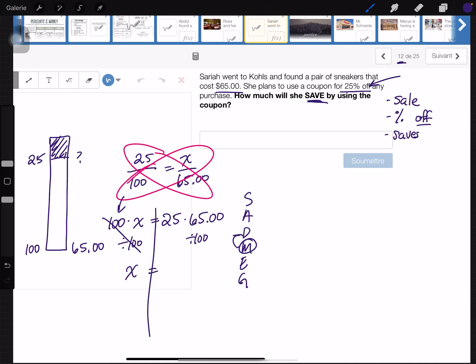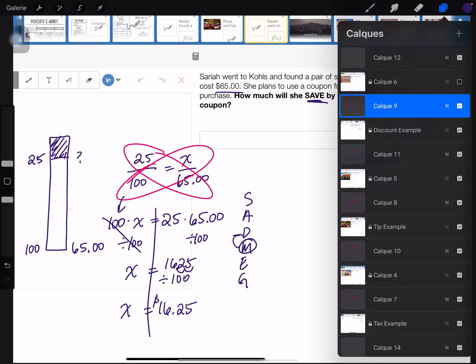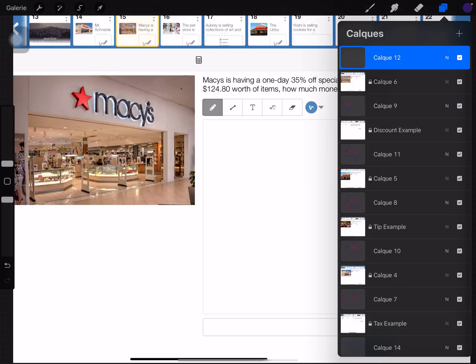I'm going to get x equals, I'll need a calculator again for this, 25 times 65, that is 1,625 divided by 100. And when I divide by 100, I can either use a calculator or I know that that's moving the decimal 2 places, 16.25, $16.25.